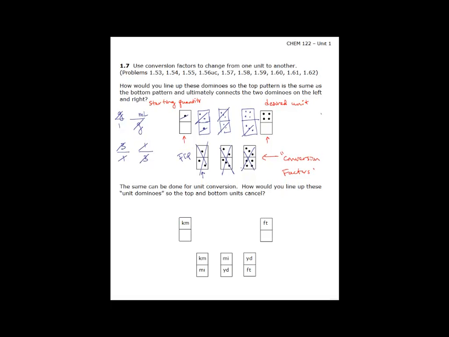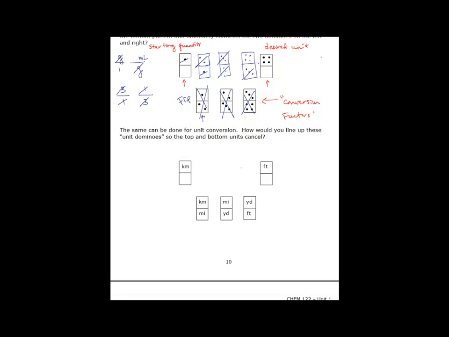Now, as I mentioned earlier, units can be thought of like numbers. So we're going to try and convert kilometers to feet, and we'll actually learn how to do this conversion coming up. So I have these conversion factors here. This is my starting quantity, and this is my desired unit.